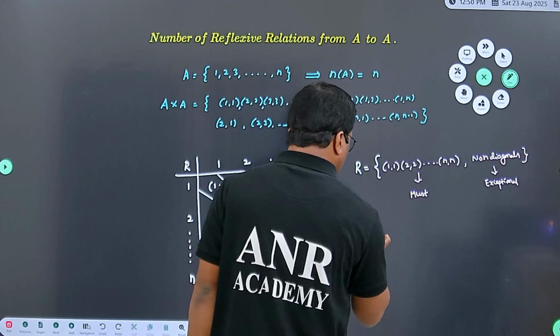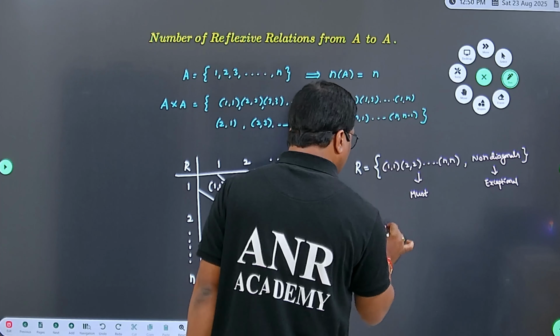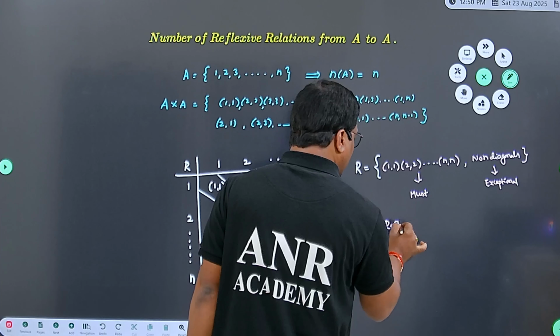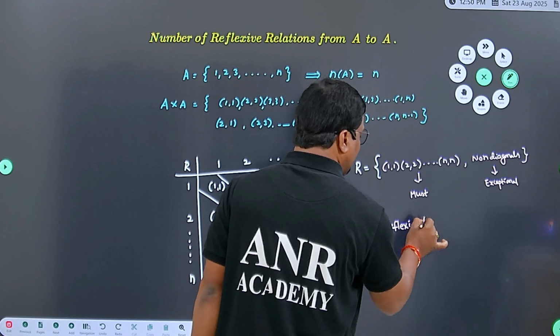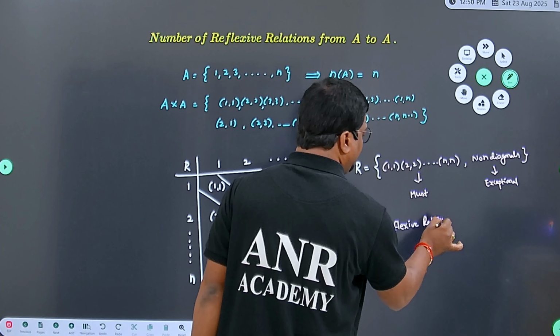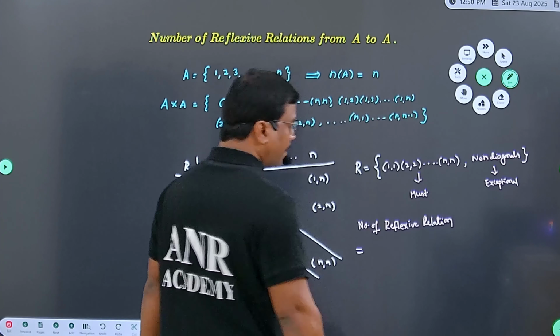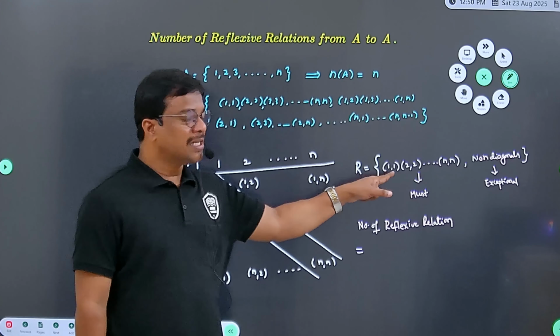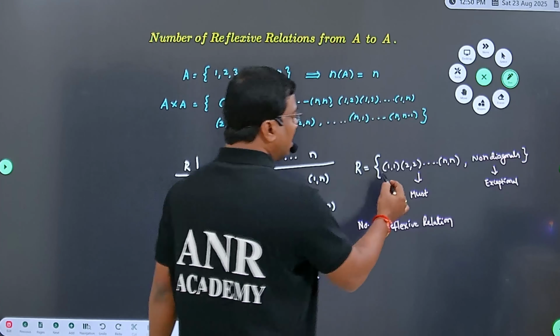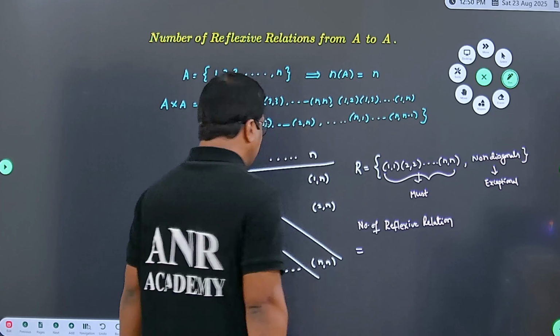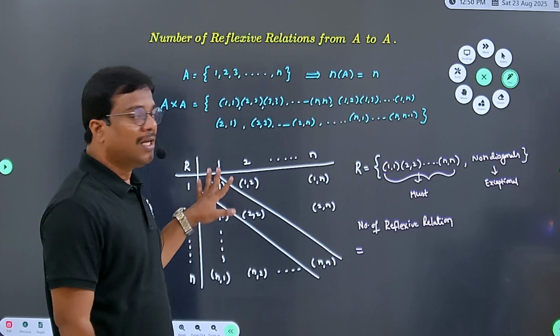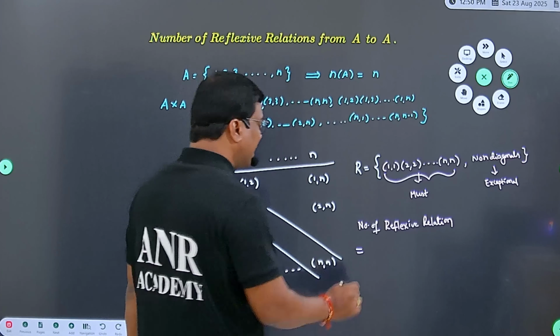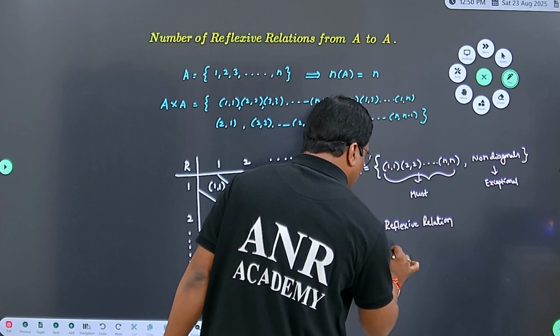So the number of reflexive relations I am going to write. This is a must, so compulsorily you have to write the principal diagonal elements, so the number of ways to write the principal diagonal elements is only one chance.